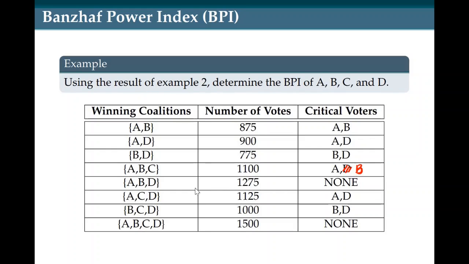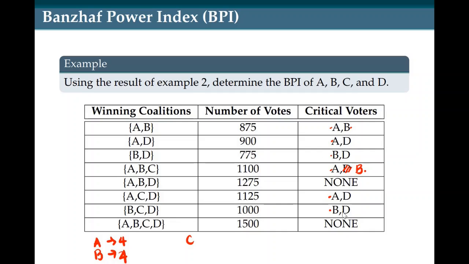So to find the Banzhaf Power Index, we look under the critical voters and find that A is a critical voter 1, 2, 3, 4 times. B here, 1, 2, 3, 4, 4 times also.